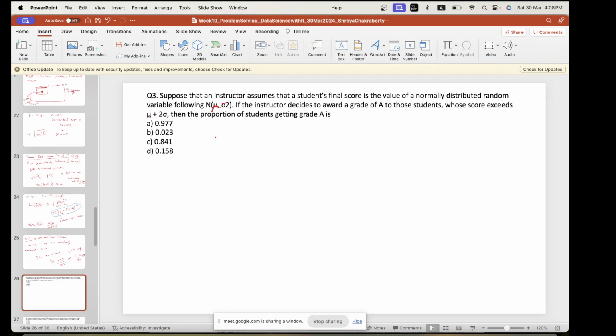If the instructor decides to award a grade A to those students whose score exceeds μ plus 2σ, then the proportion of students getting grade A would be how much?